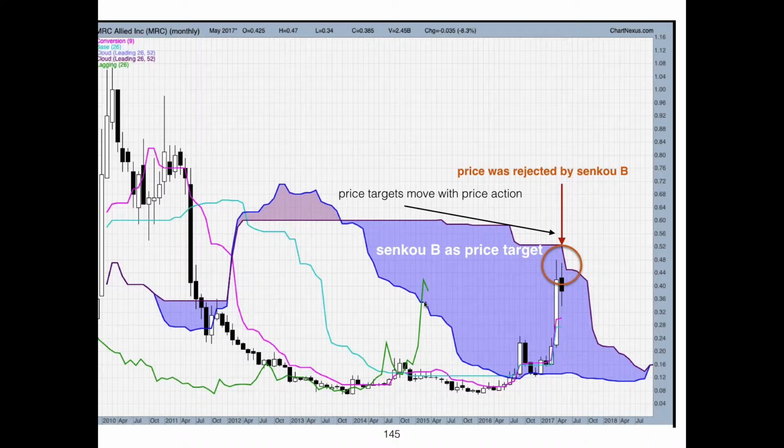So I would like to illustrate how prices also reacted to other Ichimoku lines on the way to our price target of 48. In number 1, the Tenkan-sen served as resistance to price, so price dropped back down after hitting that Tenkan-sen line.